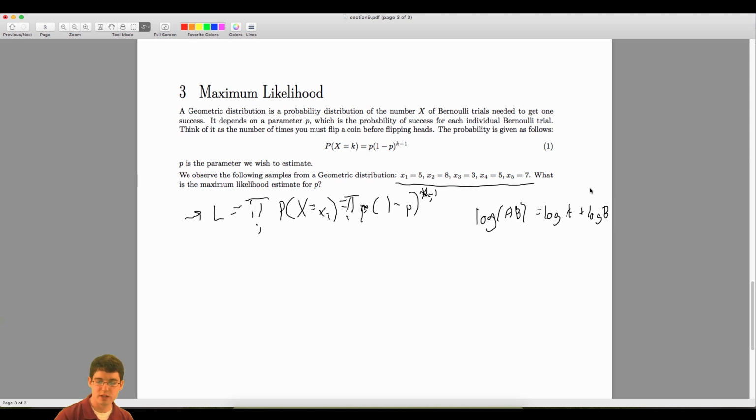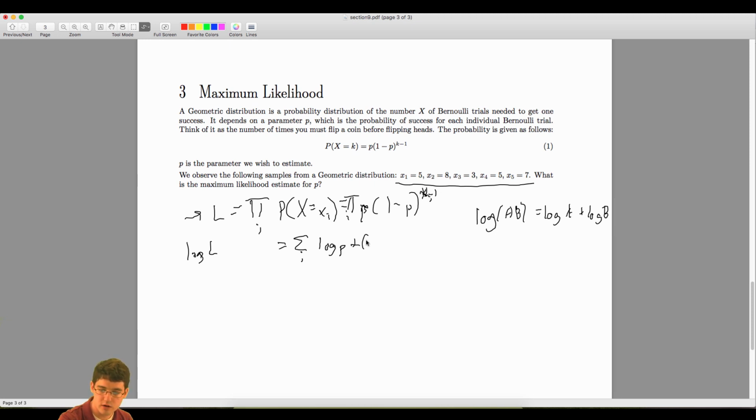So what happens if we take the log likelihood of this term here? Well, our outer product is going to turn into a sum over i. Then we're going to have log of p, plus the other rule we have with logs, that if we have an exponent, we can bring it down in front of the log.